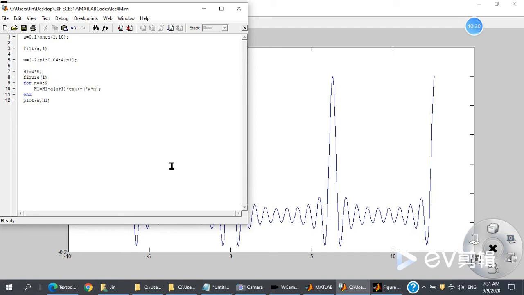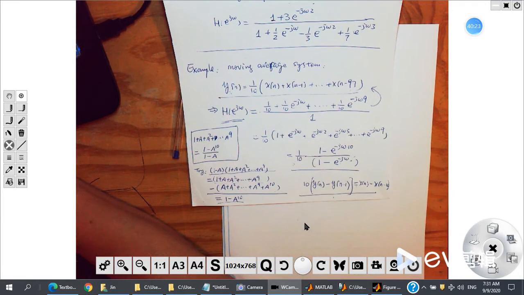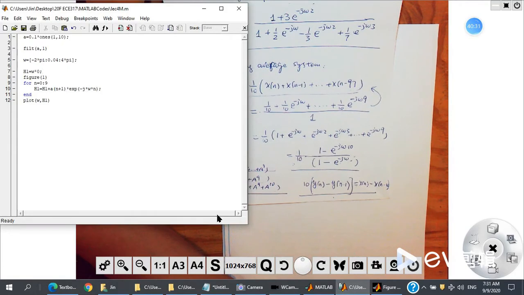We have two formulas. I have this one, and I can also give it this way. So by this one, I use H2, which is okay. This is just one formula, so it is 1 over 10 times, and I can write 1 minus exponential power of negative j times omega times 10.